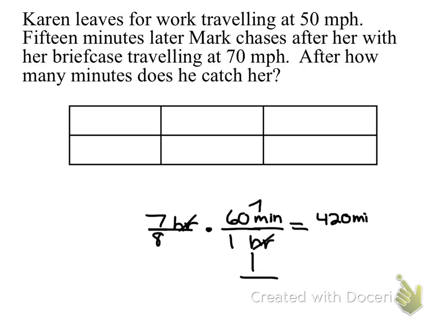I get 420 minutes. Right? My units, I'm left. 7 times 60 is 420 minutes over 8. Divide it out, and I'm left with the unit. It's 52 and 5/10 minutes.